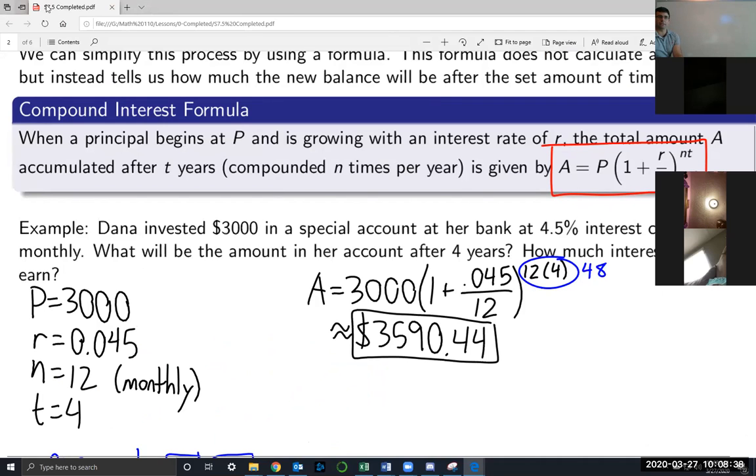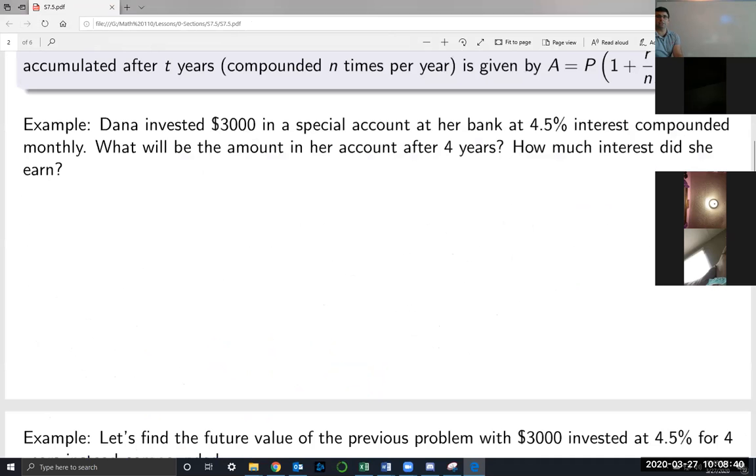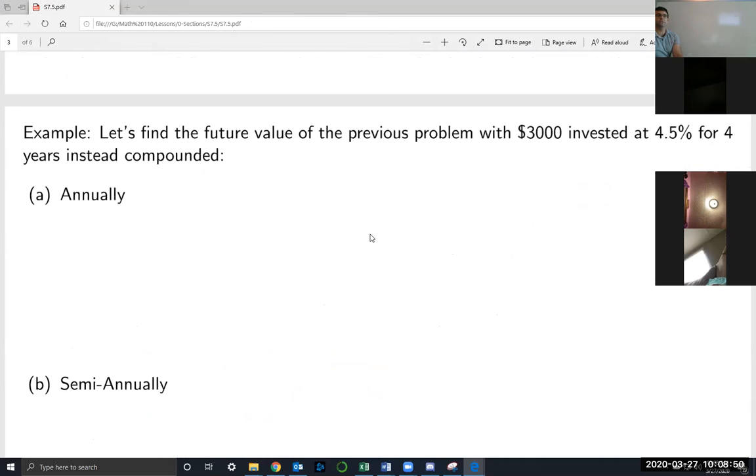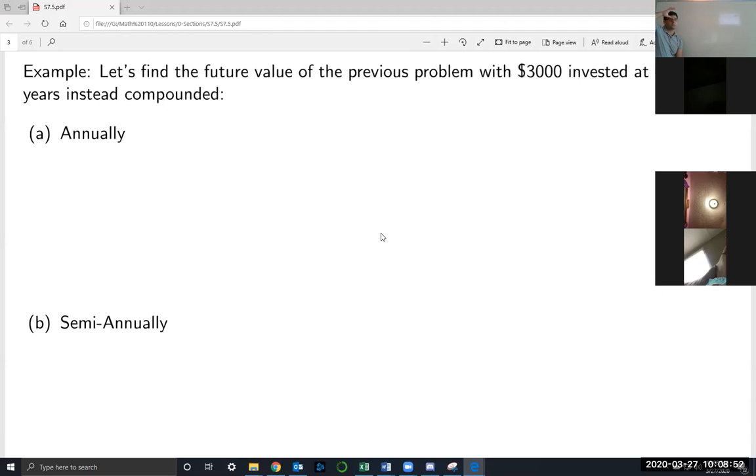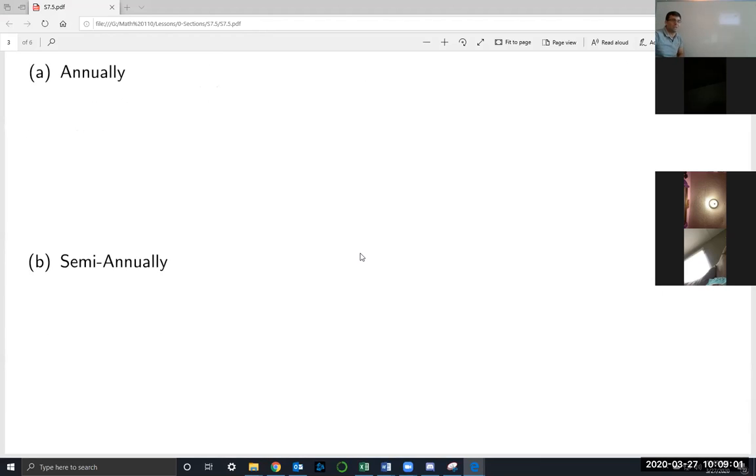Again, just after applying this little formula and putting it in. So what we're going to look at now is, let's do the same problem, 4.5%, 4 years. On the one hand, we're going to do annually, and on the other one, we're going to do it semi-annually.